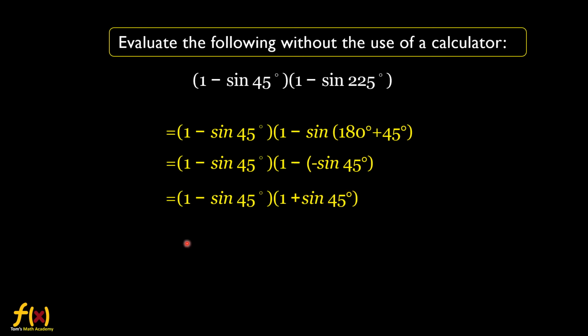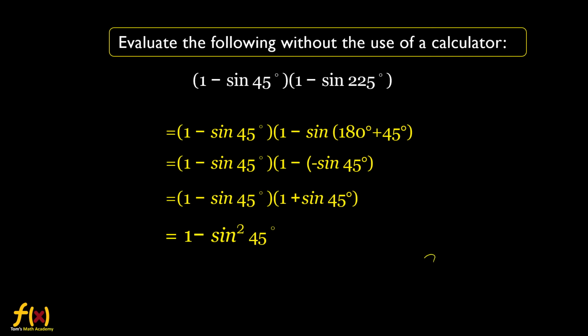Factors, hope you remember. It is going to be 1 minus sine squared 45. What is the identity we have?